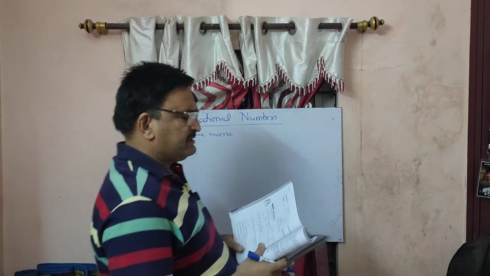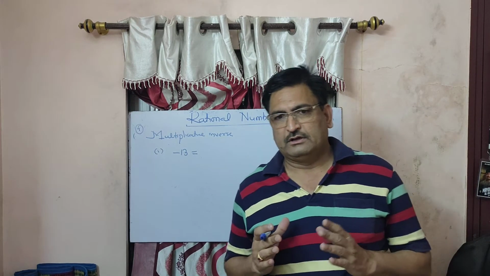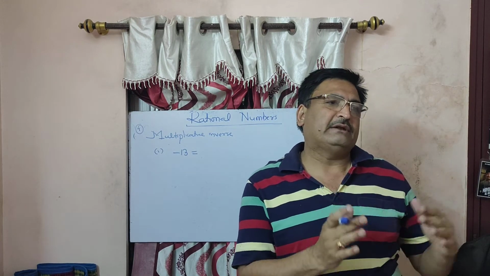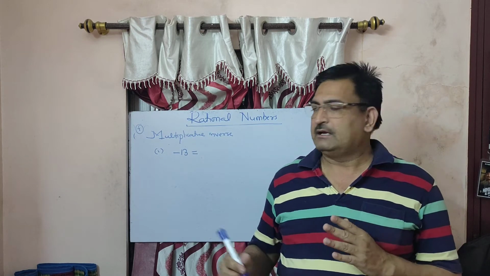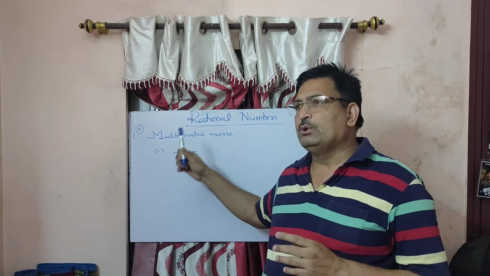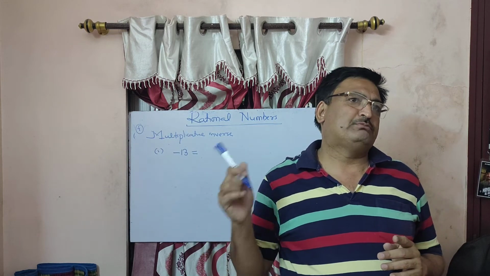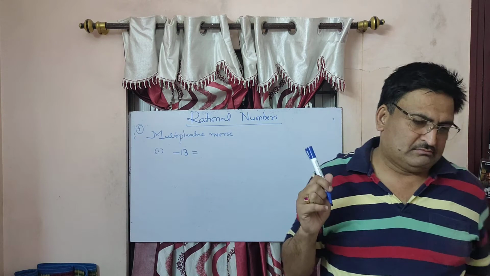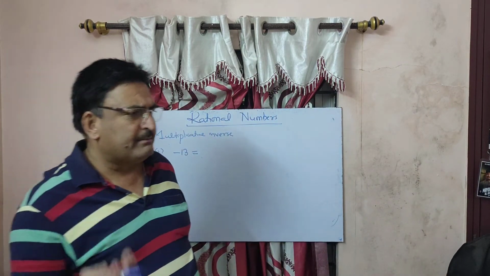So you have to always remember one thing. If you want to find the multiplicative inverse of any number, it means if you multiply any number by the multiplicative inverse of that number, the result should always be 1.